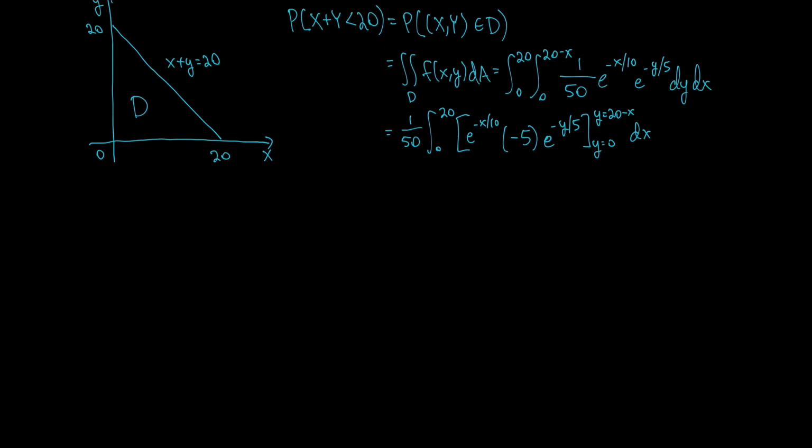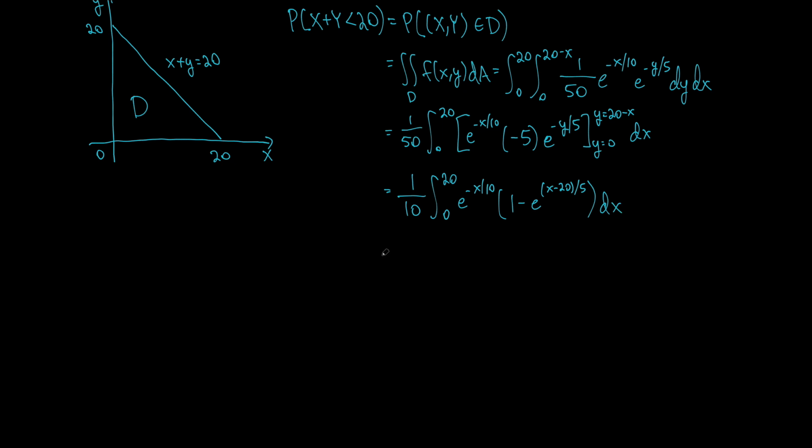We get 1/10 times our integral from 0 to 20 of e to the minus x over 10 times 1 minus e to the (x minus 20) over 5, because we just evaluate and pull out the 5.